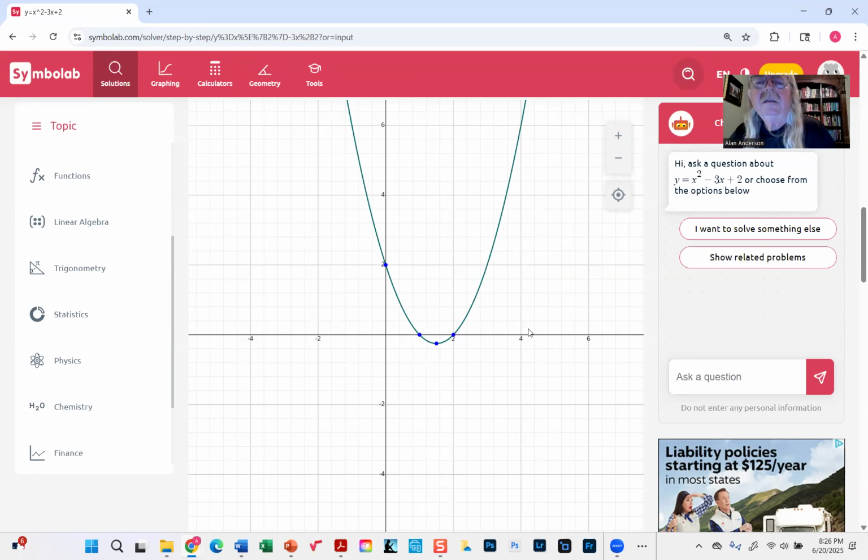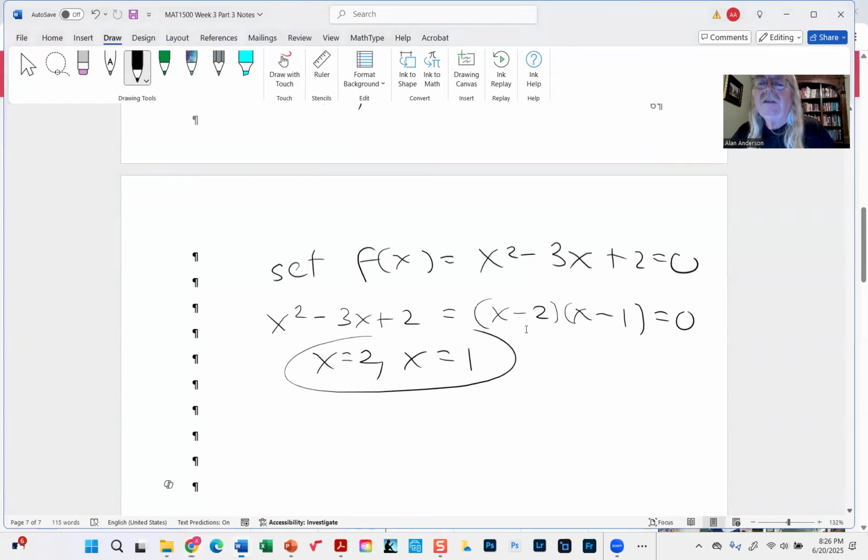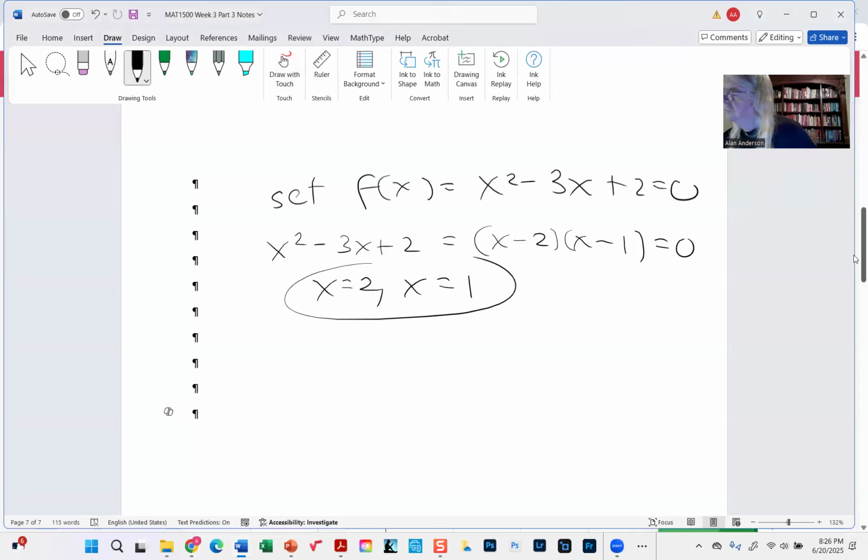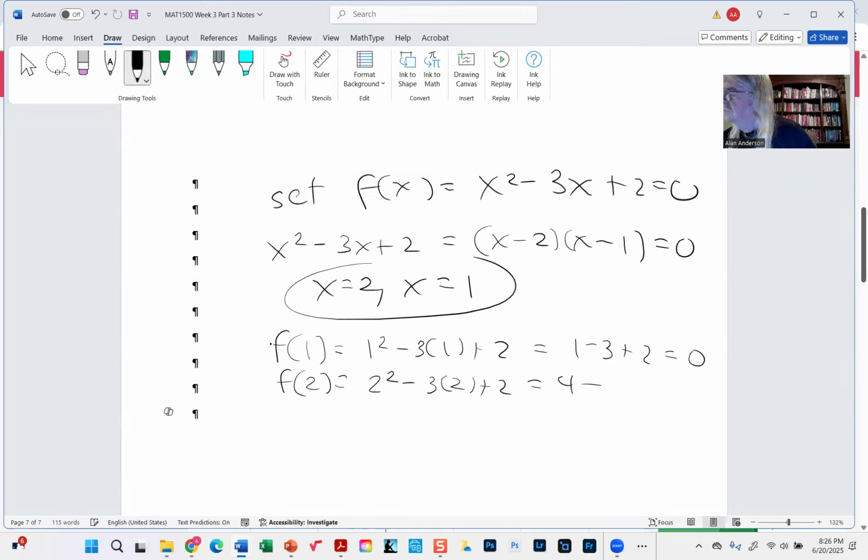And then now, if you notice, at those 2 points the function equals 0.